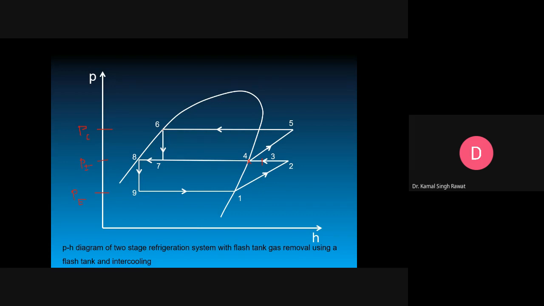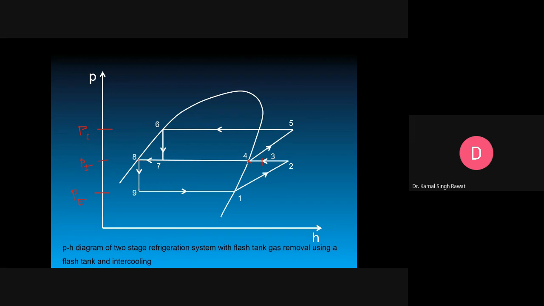This saturated liquid expands in the isenthalpic process 6 to 7 from the condenser pressure to the intermediate pressure, and at point 7 we have a liquid plus vapor mixture. So we separate the liquid and vapor. At point 8 we have saturated liquid at intermediate pressure, and this liquid is sent through the expansion valve to the evaporator, in the isenthalpic expansion or throttling process 8 to 9.